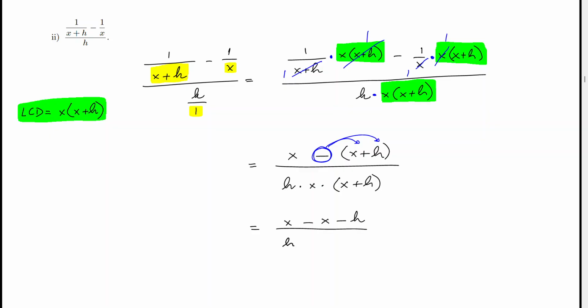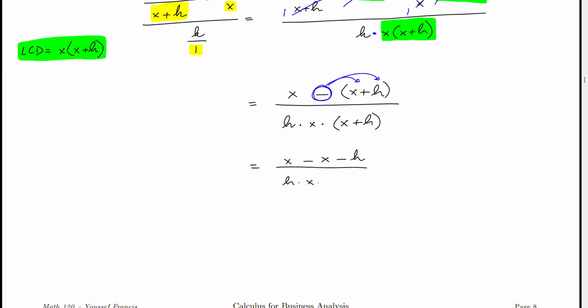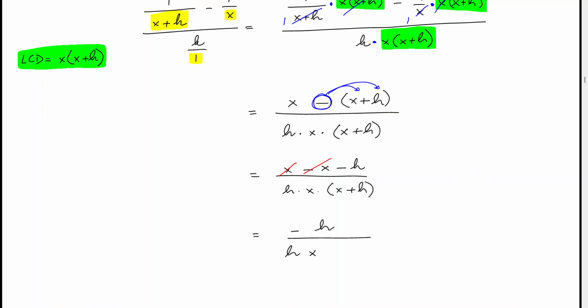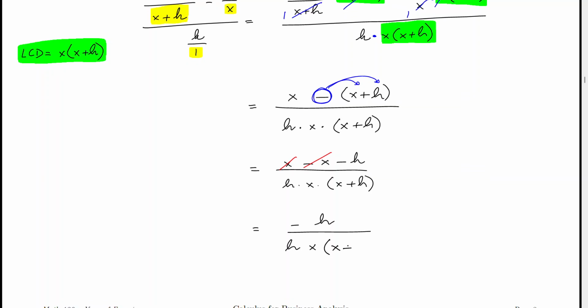And the denominator is still the same, x, h, or hx. And then finally, the parentheses x plus h. Seems like this x and this negative x will cancel out. And what I'll have is a negative h on the numerator and hx with the quantity x plus h inside the parentheses.